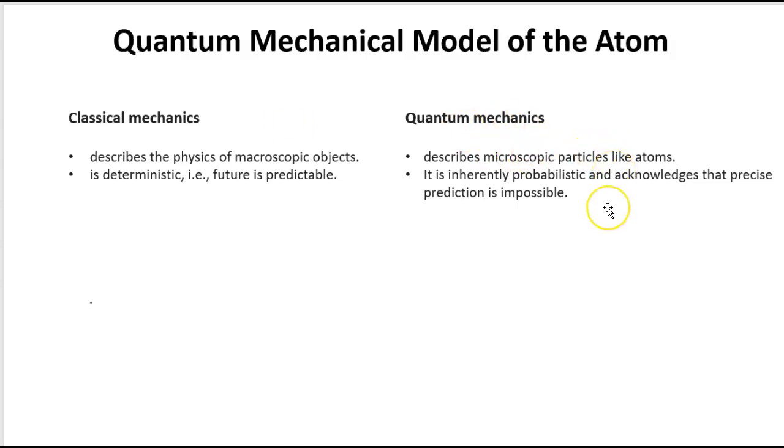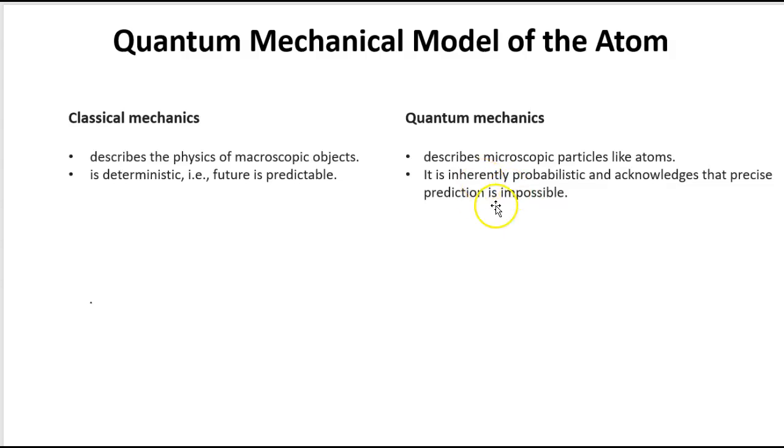The objects are so very small that just by looking at them you cannot precisely determine what will be the path, what will be the trajectory, where it is going in the next few seconds, or where you are going to see that atom, that electron or proton or whatever it is. So here we don't know the exact position or exact momentum at the very same time.